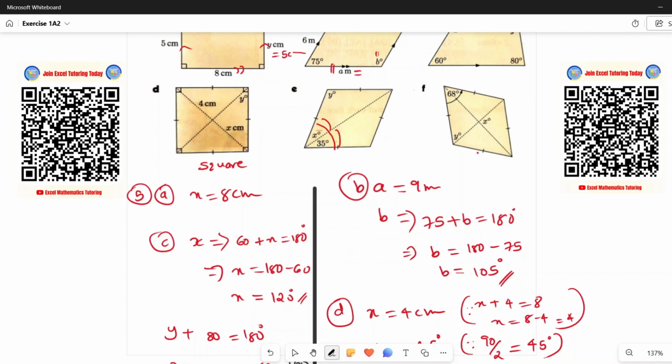And here the value of y we need to find. Again we use the property of supplementary angles for finding the value of y.